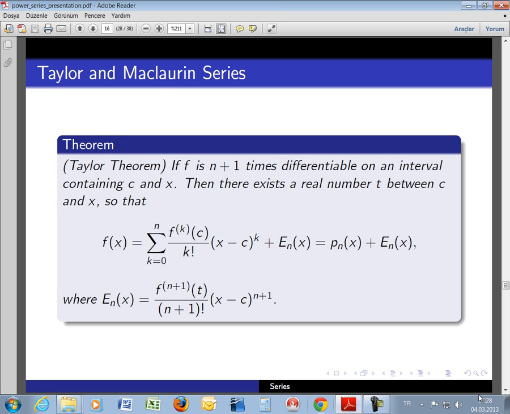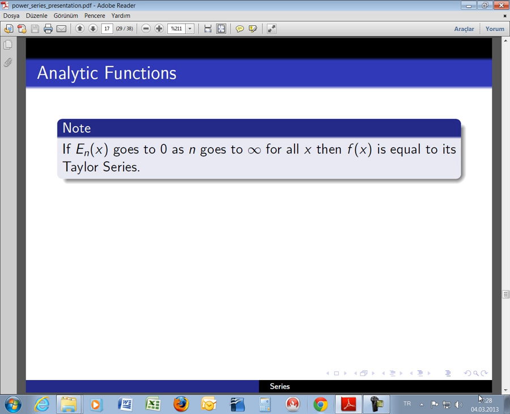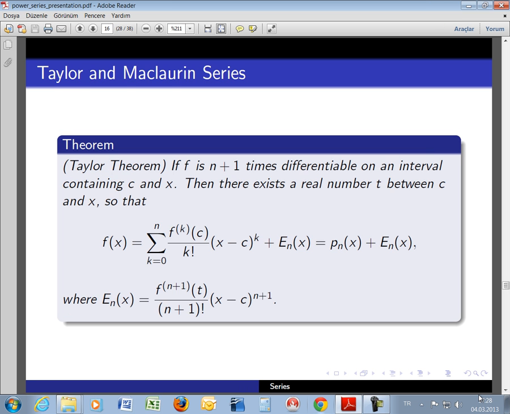In this case, if En of x goes to 0 as n goes to infinity, then one can easily notice that Pn of x becomes the series sum k from 0 to infinity of f^(k) of c over k factorial times x minus c to the power k, where we can say that the function is equal to its Taylor series.